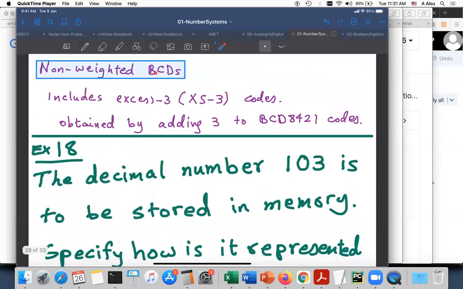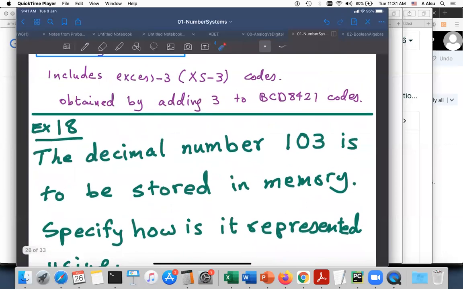So non-weighted code, like excess3, is obtained by adding 3 to BCD 8421. Oh, so it's fixed. Yeah, 8421. You just get the code for the decimal digit in 8421 and add 3 to that code. You get the excess3 code. Excess means addition, in addition to. Yes, clear. Thank you. All right.